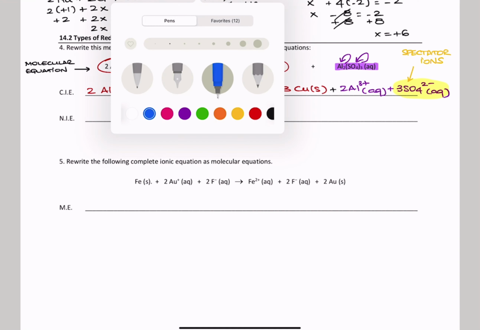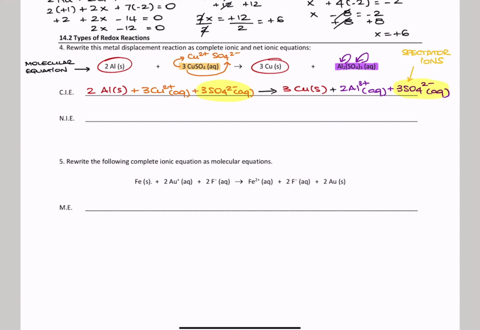What is left for the net ionic equation is 2Al solid plus 3 Cu2+ aqueous gives 3 Cu solid plus 2 Al3+ aqueous. Here is your net ionic equation.